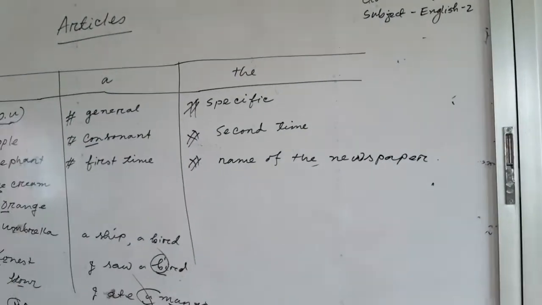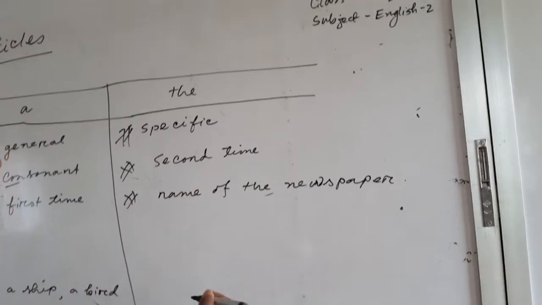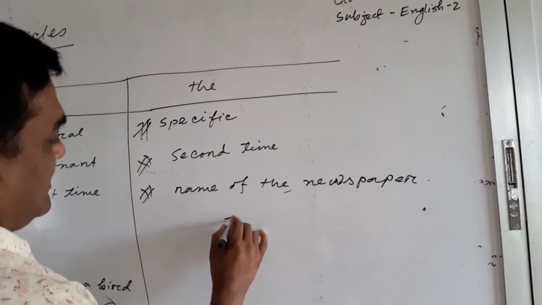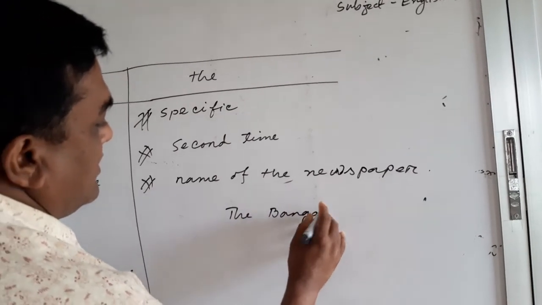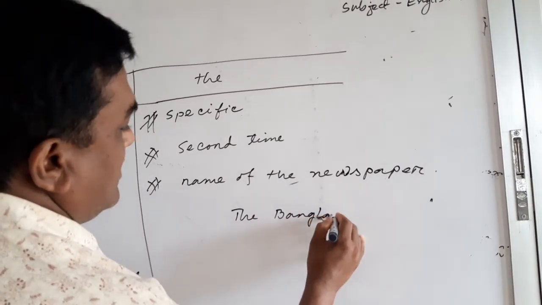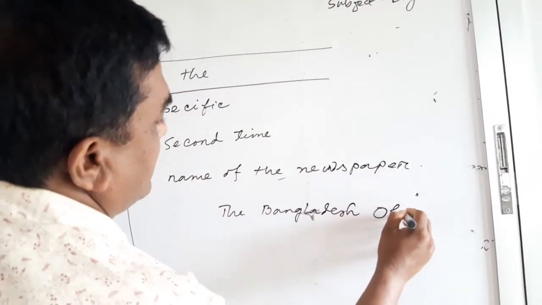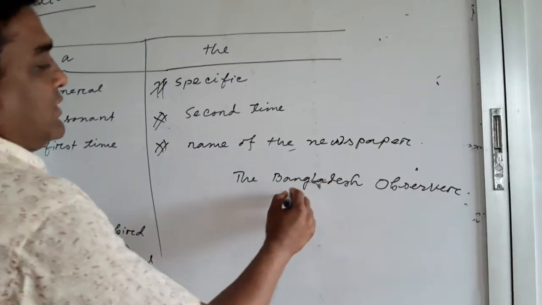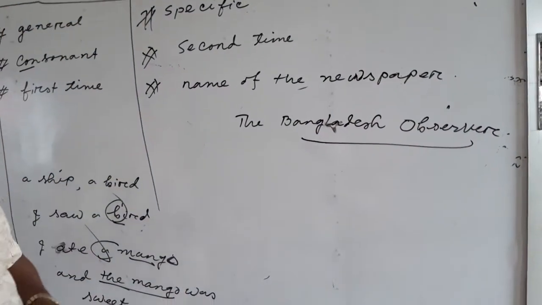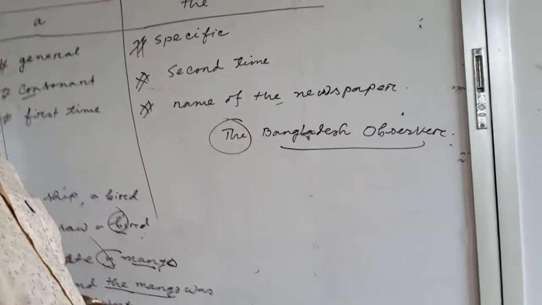When we mention the name of some newspaper, such as the Bangladesh Observer, this is the name of a newspaper, so it takes the article the.